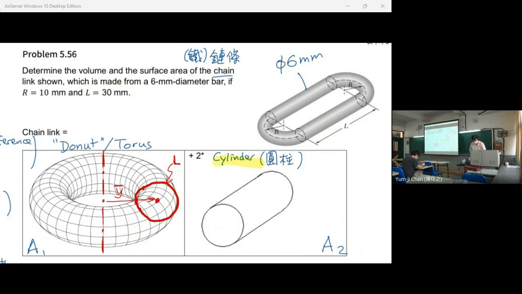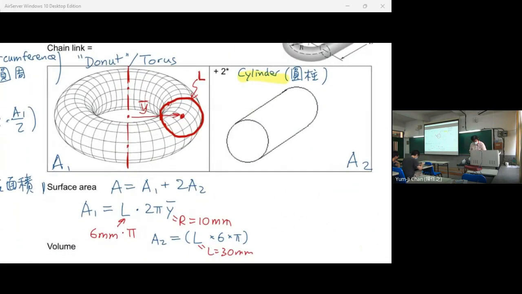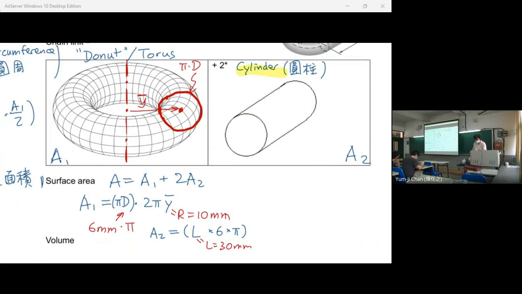Good. So how about I probably write it like this: pi times d, and d is equal to 6 millimeter. Very good suggestion.